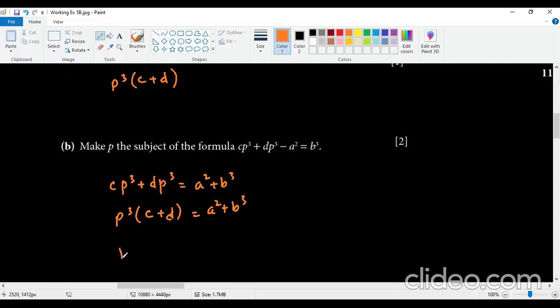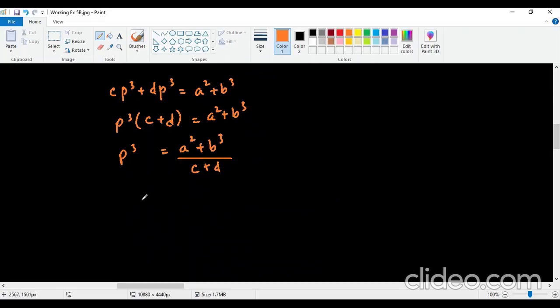Now in here p cubed is going to be equal to a squared plus b cubed over c plus d. And the next step is going to be taking the cube root on both sides. So something like this, and I will take the cube root.